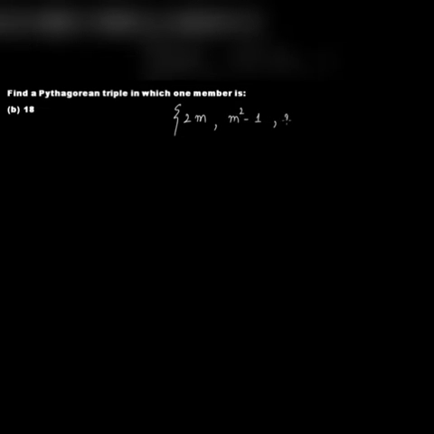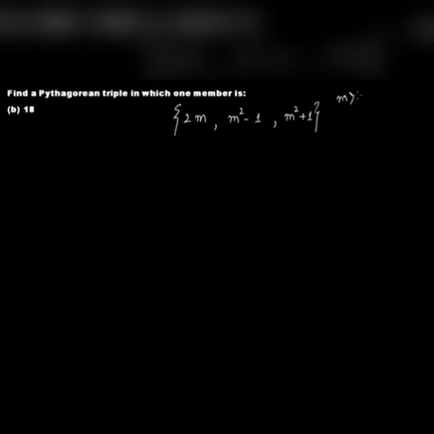Another one, it is 18. So again, 2m, m squared minus 1, m squared plus 1, right? m should be greater than 1 and it should be a positive integer. Okay, let's say that this is x, this is y, this is z. Now one of the members is 18.